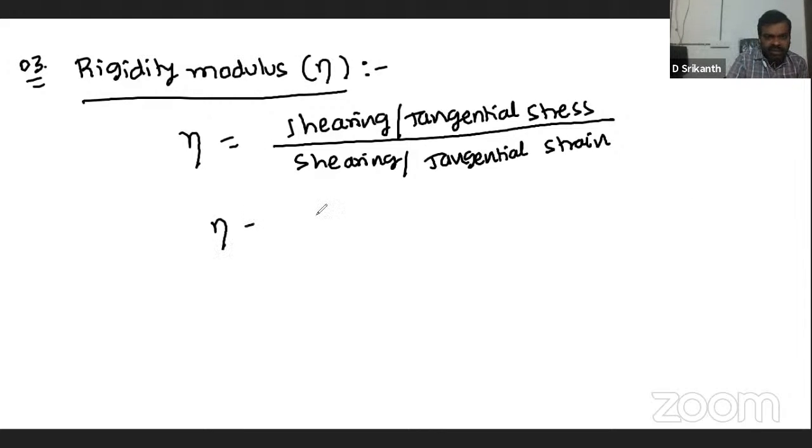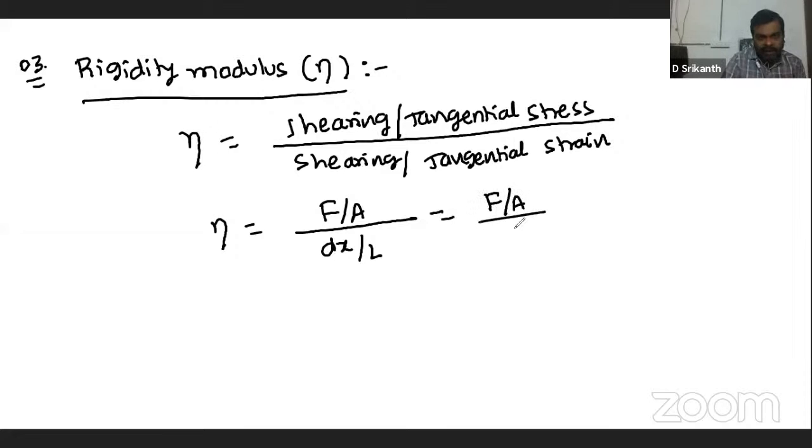That is eta equals F by A by dx by L, or in some textbooks they write F by A by theta, that angle. So F by A times L by dx.